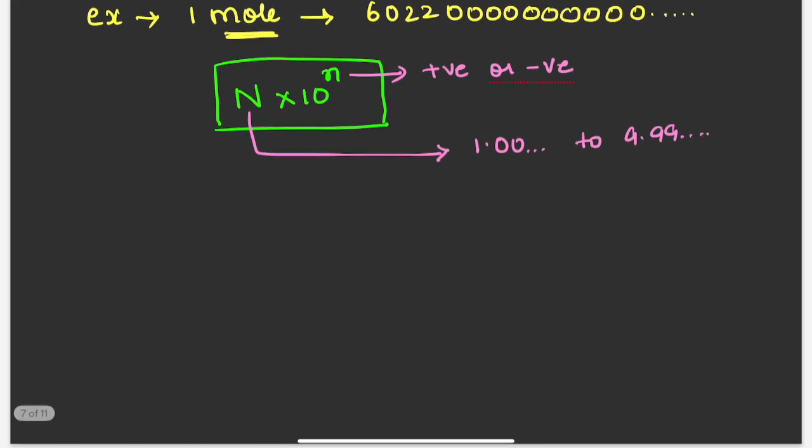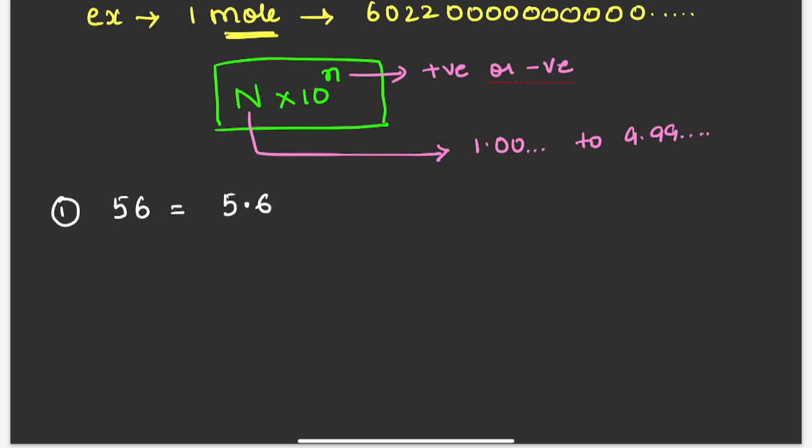I'll take the first example, 56. How to write this in scientific notation? After the first digit, here the first digit is 5, after 5 you have to keep the decimal point. So you will be writing this as 5.6.